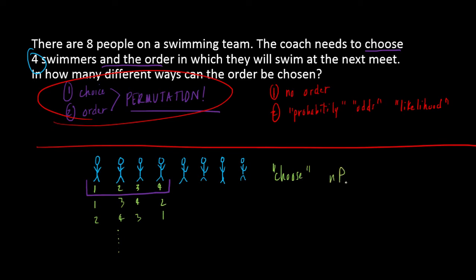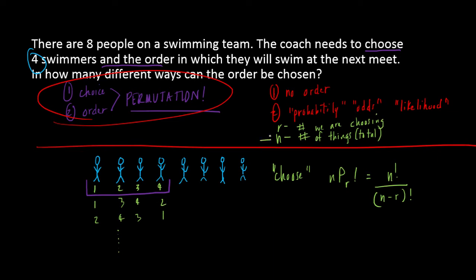or that nPr, and it equals n factorial over the quantity of n minus r factorial. In this case, remember that n is the number of things total, and r is the number we are choosing.